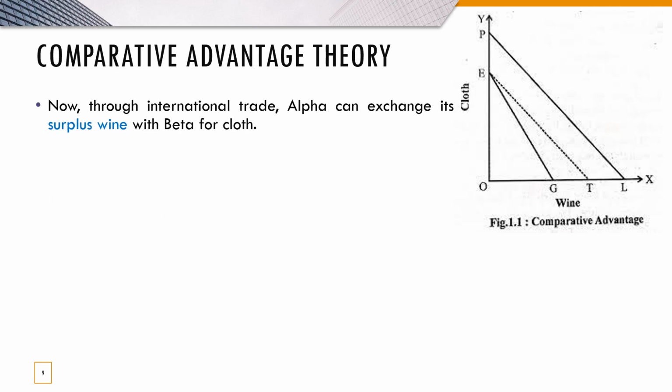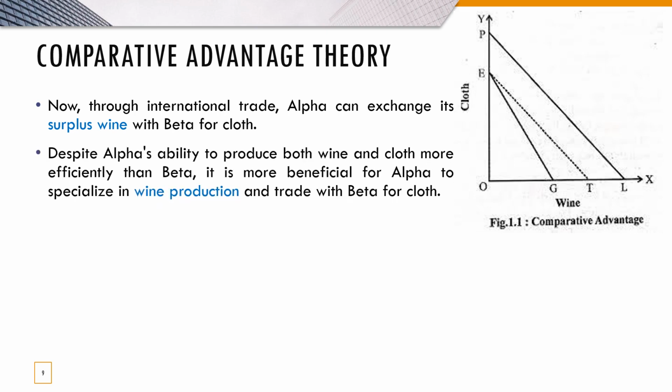Now, through international trade, Alpha can exchange its surplus wine with Beta for cloth. Despite Alpha's ability to produce both wine and cloth more efficiently than Beta, it is more beneficial for Alpha to specialize in wine production and trade with Beta for cloth.